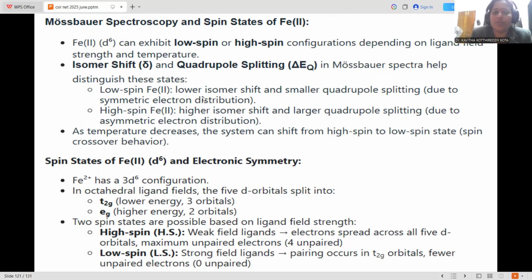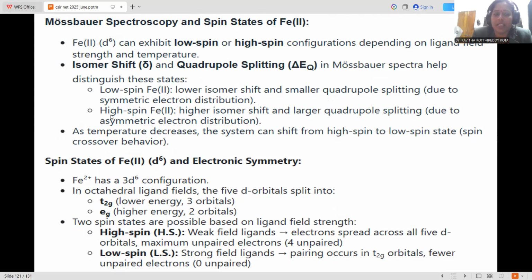For low spin iron plus 2, there is a lower isomer shift and a smaller quadrupole splitting due to the symmetric electronic distribution. The isomer shift will be lower, and quadrupole splitting is also a possibility for the low spin Fe plus 2 complex. If the Fe plus 2 exists in high spin, the isomer shift is higher and a larger quadrupole splitting is also possible.